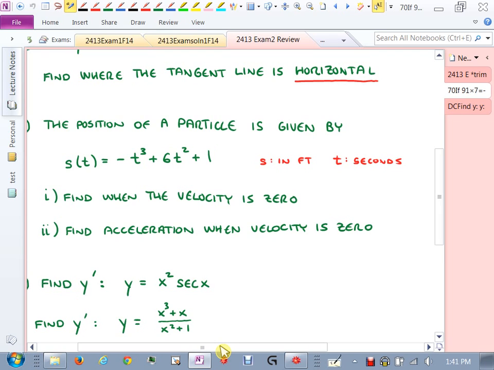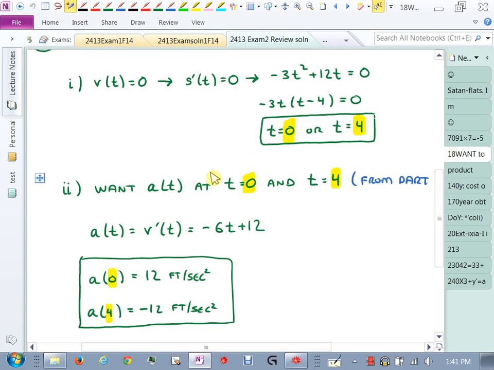So you have to have gotten part 1 right to get part 2 right. Because this wants you to take the 2 points in time when velocity was 0, right? I want to know what the acceleration is exactly at those 2 points in time, at t equals 0 and t equals 4. So I have to find the derivative, find the acceleration, which is the derivative of velocity, or the second derivative of the first function.